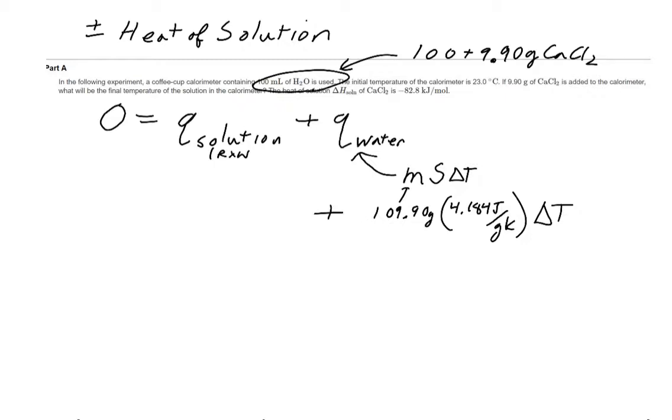So we're going to add that to our heat of solution, and this heat of solution is the product of our reaction here. And it's going to be equal to the number of moles of calcium chloride times the heat of solution per mole.